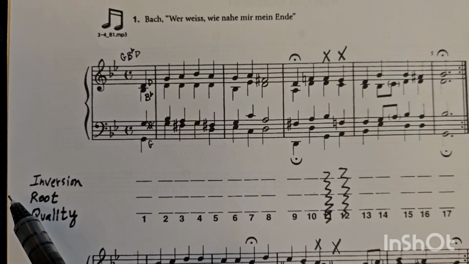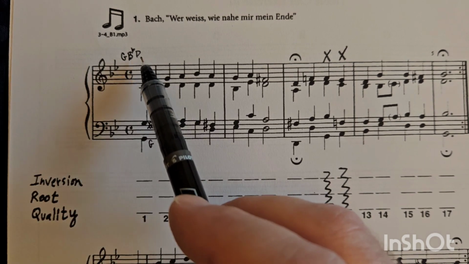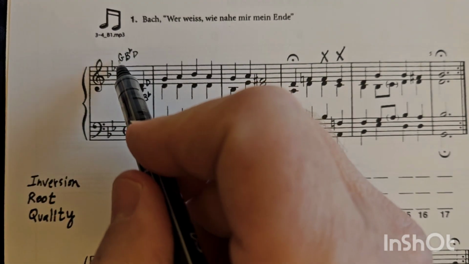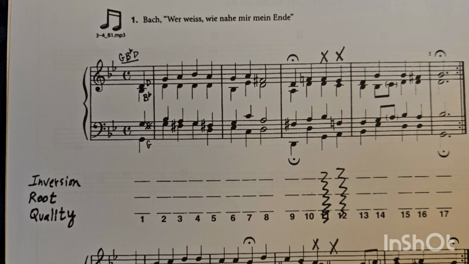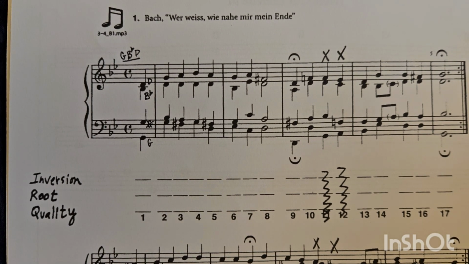G, A, B flat is a third. And then B flat to D, B, C, D is also a third. You want to make sure that you have the chord in root position with all 3 notes a third apart from one another. Then you can answer the questions: inversion, root, and quality.